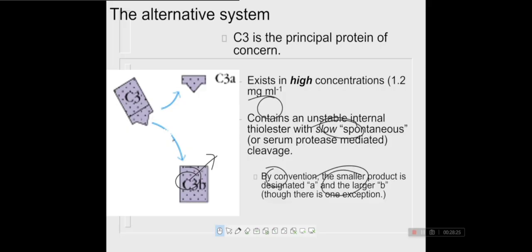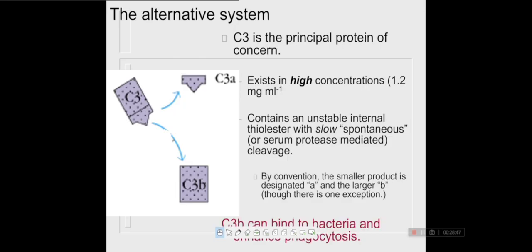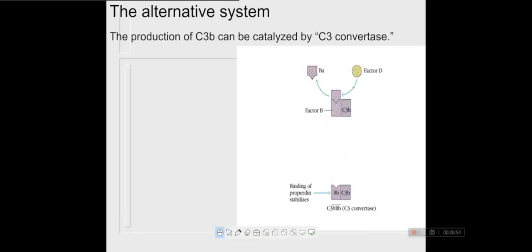Clear? By convention, the smaller product is designated A and the larger is B. Already I told you that the smaller one is A and the larger one is B, except C2. C3b can bind to bacteria and enhance phagocytosis. These are the alternative pathways.